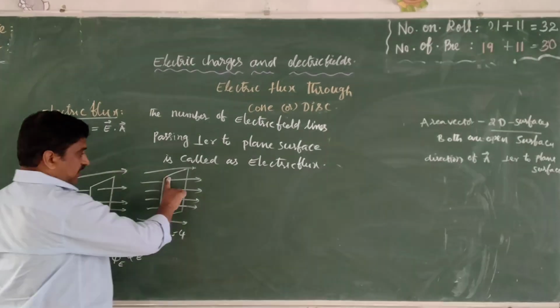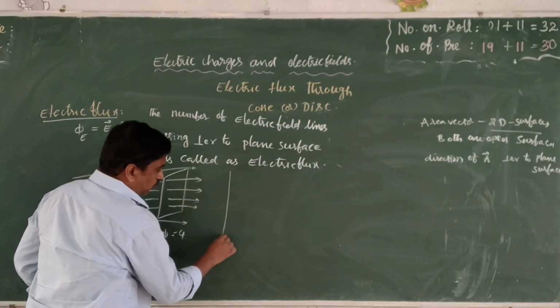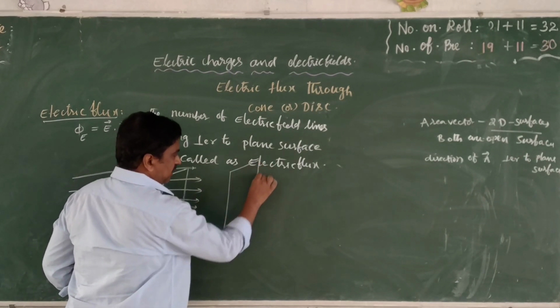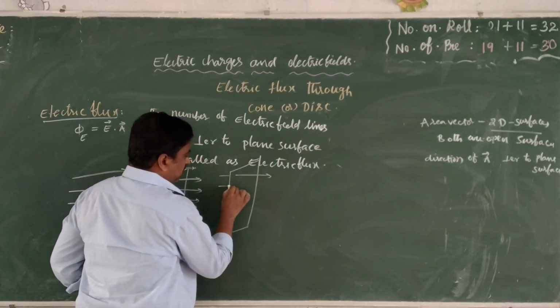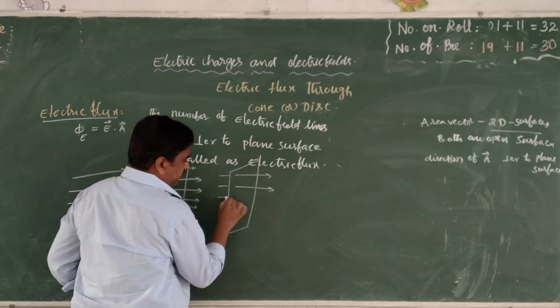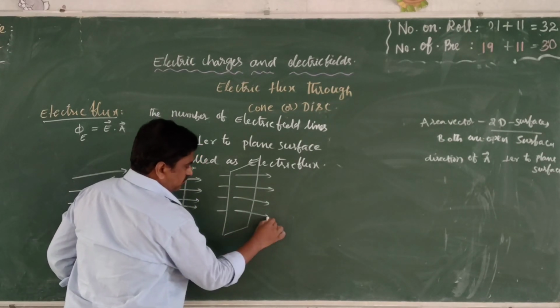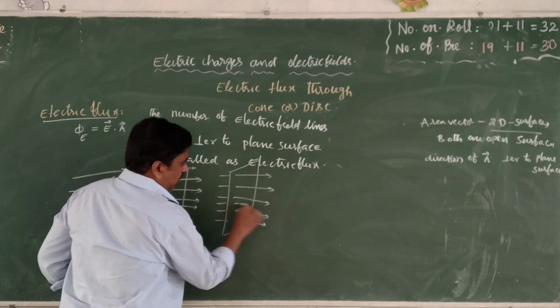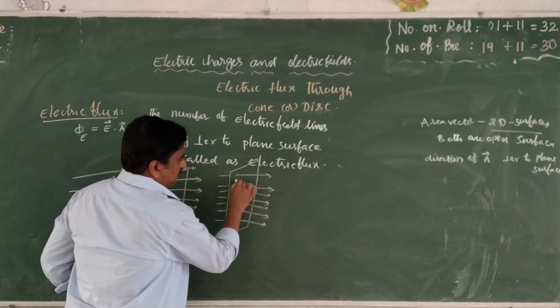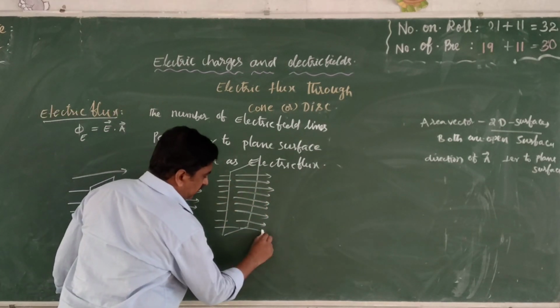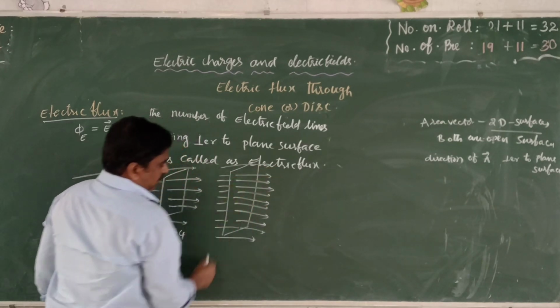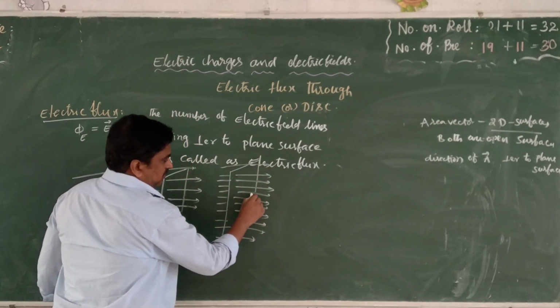For example, here we can take more area. See, this is the area. The number of electric field lines passing through this area: as the area increases, the number of field lines also increases. Here, 1, 2, 3, 4, 5, 6, 7, 8, 9.